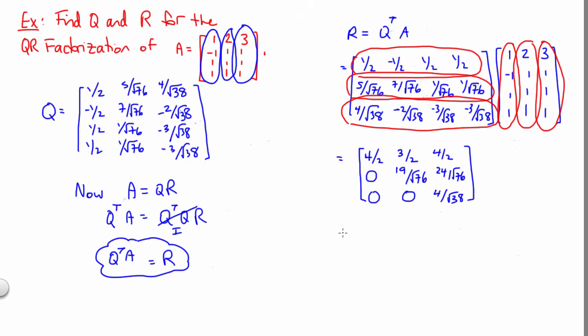Now that we found Q and R, let's think about simplifying the entries in these matrices. Top row comes out to 2, 3/2, 2. In the middle row, if we simplify this fraction here, 19 over root 76, we can call that root 19 over 2. And in this third entry here, this is going to simplify to 12 root 19 over 19.